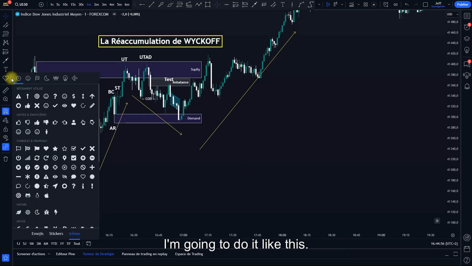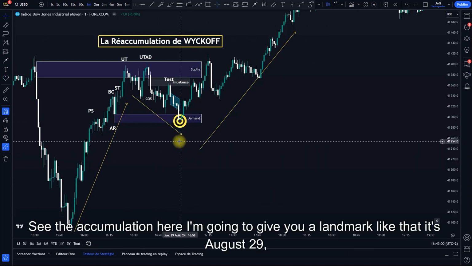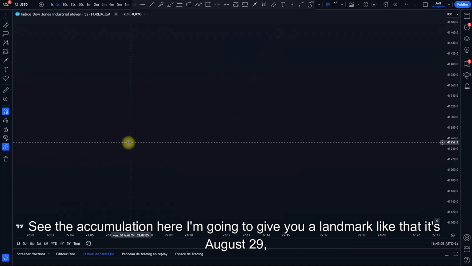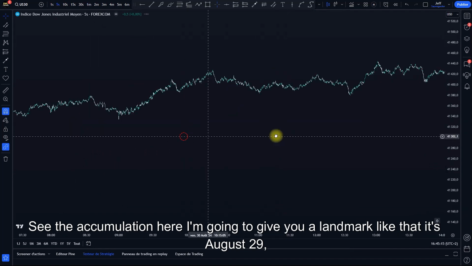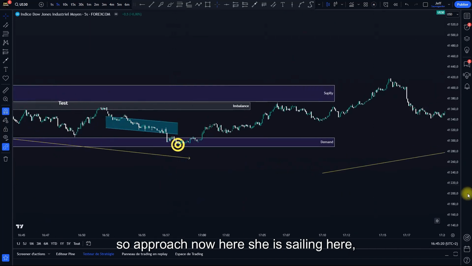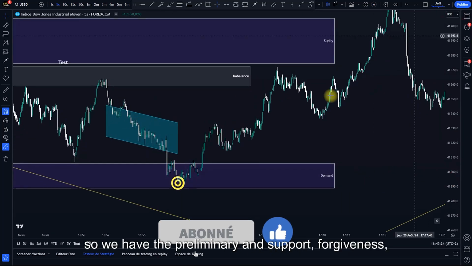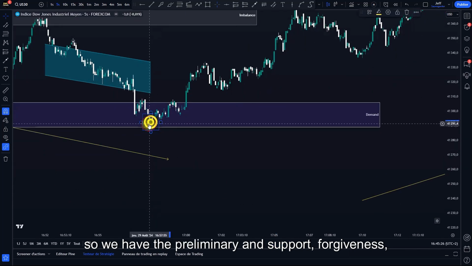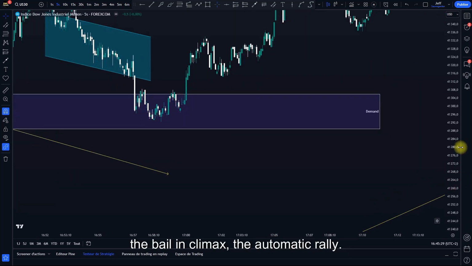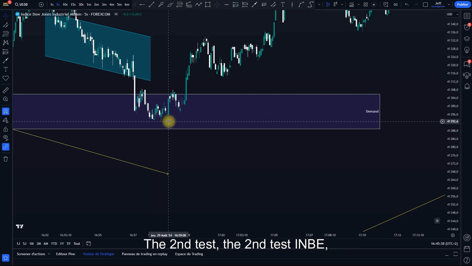We're going to try to see if in 5 seconds we can maybe see that. I'm going to do it like this. See the accumulation here. I'm going to give you a landmark like that. It's August 29. We're going to look at August 29. So we approach now. So we have the preliminary support, the selling climax, the automatic rally, the second test.